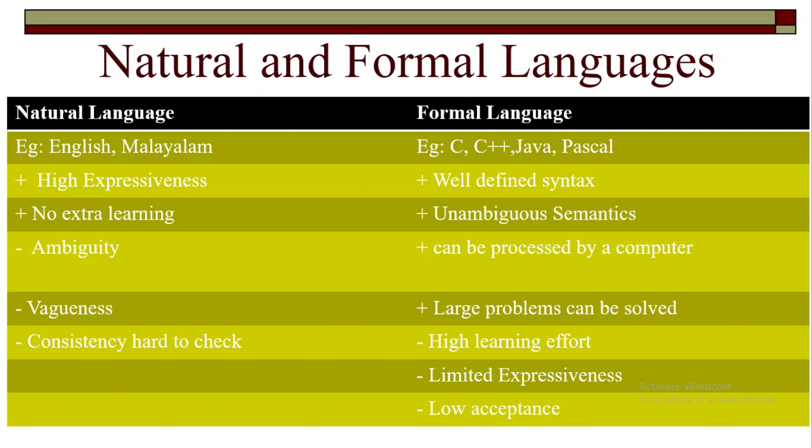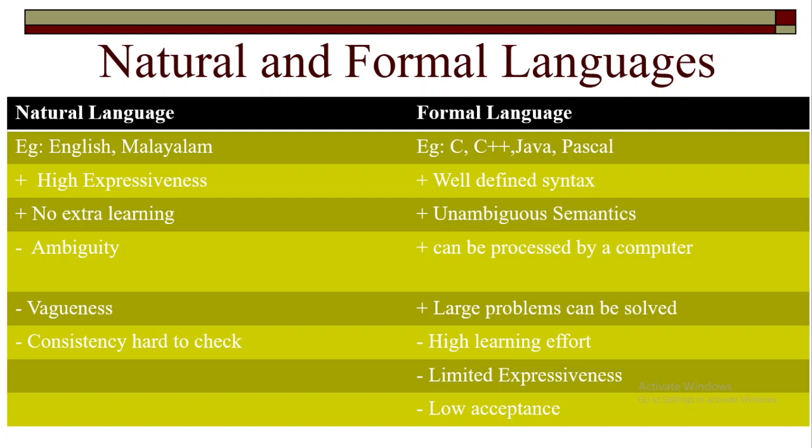In natural languages no extra learning is required, but in formal languages there is high learning effort. Natural language may have ambiguity, while formal languages can be processed by a computer, and large problems can be solved in formal languages. Limitations of formal languages are high learning effort, limited expressiveness, and low acceptance.